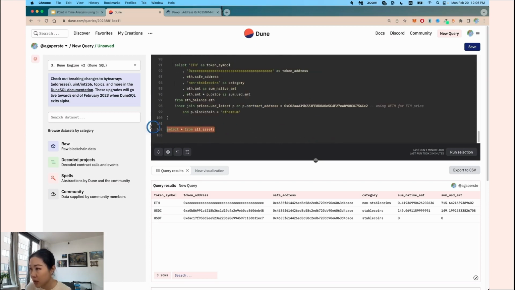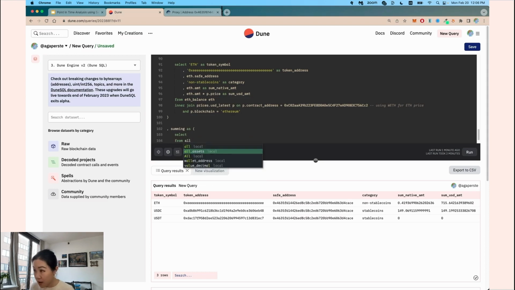Next up, we are going to sum each of the token up and get the total value locked and different ratios. We're going to call this summing as. So select from all assets, and we want the safe address because that's still the group by unit that we care about.